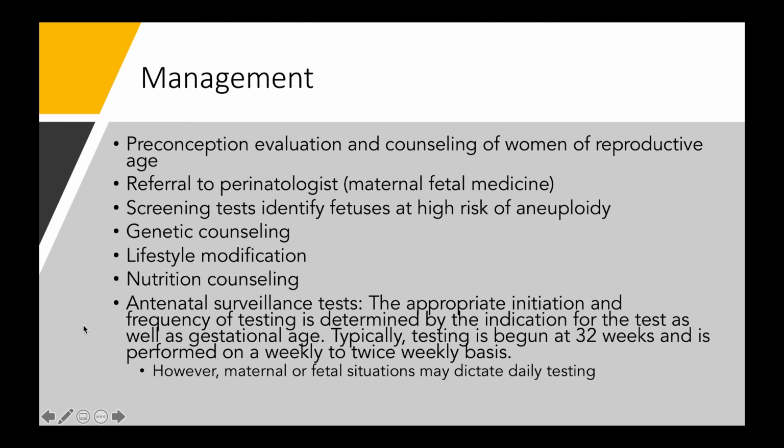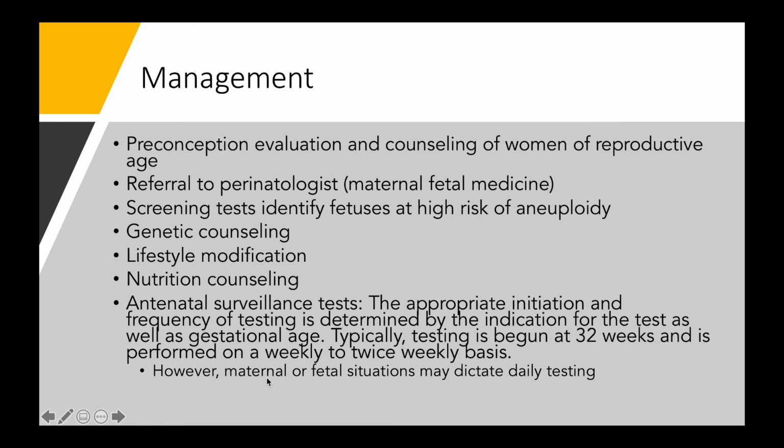Of course, part of the management would be to do antenatal surveillance tests. Okay, so the appropriate initiation and frequency of testing is determined by the indication for the test as well as gestational age. And typically, the testing is begun at 32 weeks AOG. Some experts would say 28 weeks AOG.